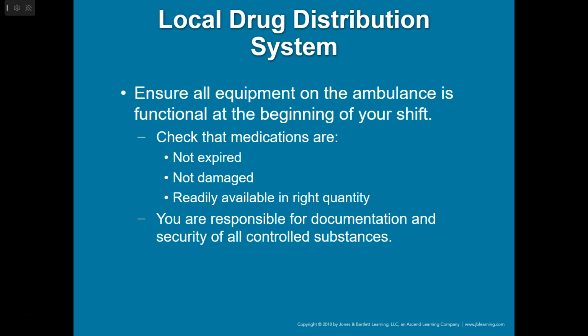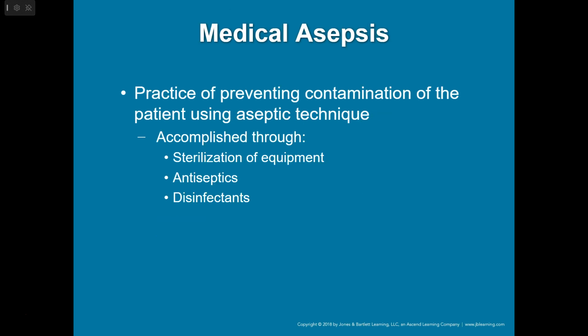They're in and out of houses, on the cot, off the cot, all that stuff. They get banged around a bit. Drugs, vials, ampules, all that stuff can get smashed and broken. So we just need to make sure we check that at the beginning of the shift, replace anything that might have broken, and clean up any messes there are, of course. So make sure you check your stuff.